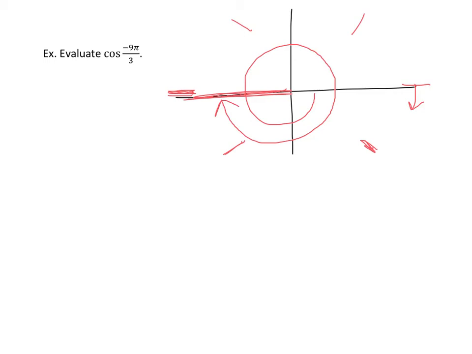Alright, now we need the cosine. Well, this one is a little bit different because it does land on an axis. But what's that point going to be if I'm in the unit circle? Okay, my x distance of negative 1, my y distance of 0. Always a distance of 1 if you're away from the axis.